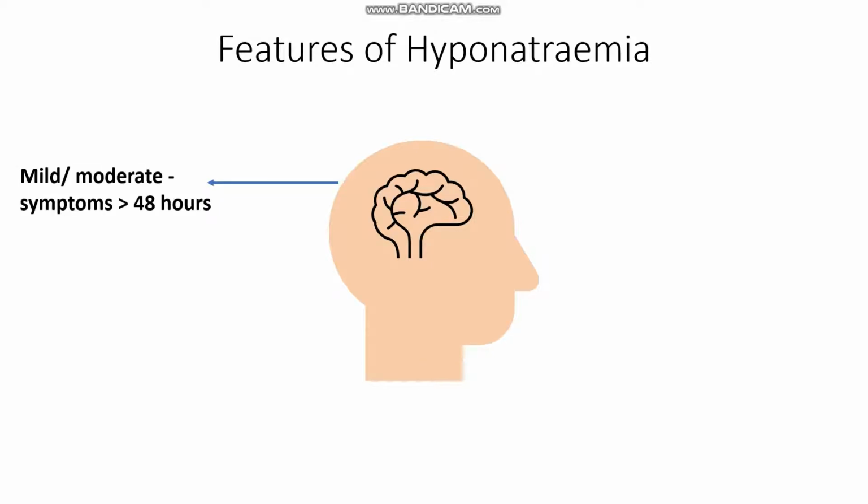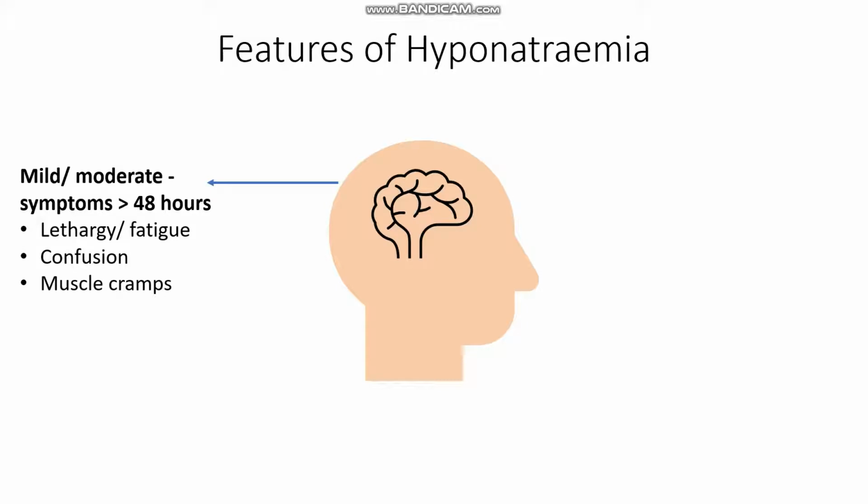Features of mild to moderate hyponatremia may include things like lethargy and fatigue, confusion, altered mental status, as well as a bit of dementia, and a patient not being able to remember things or being more forgetful. As well as this, they may experience things like muscle cramps as well.